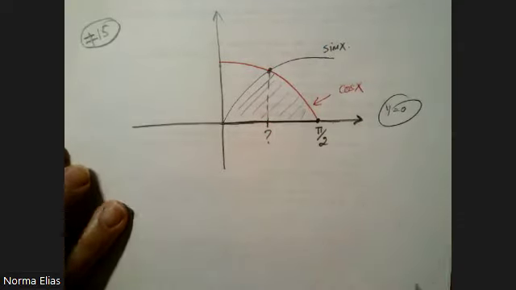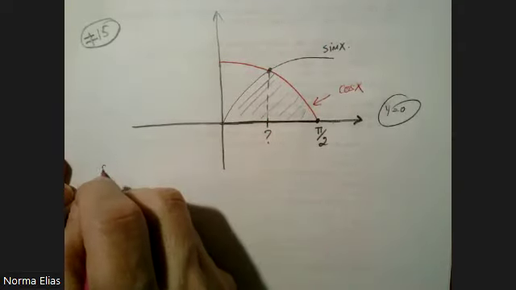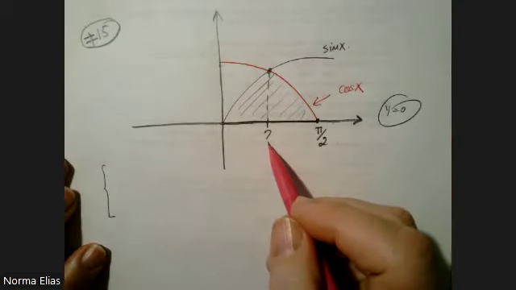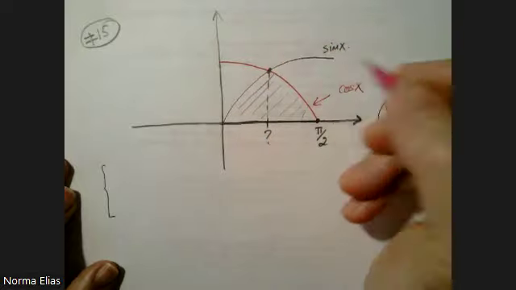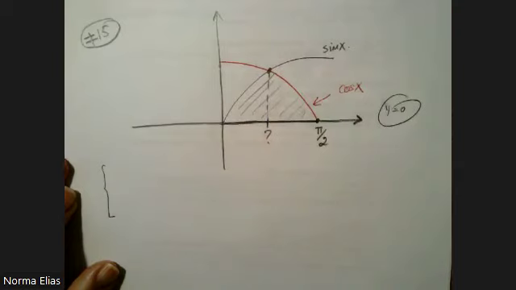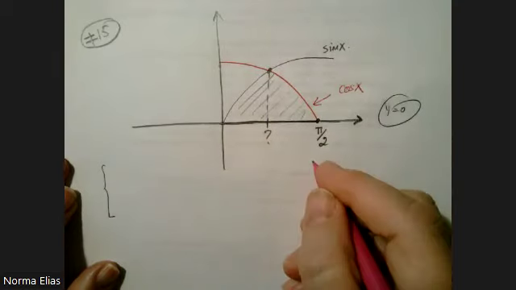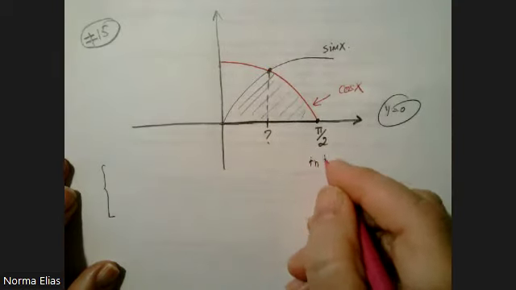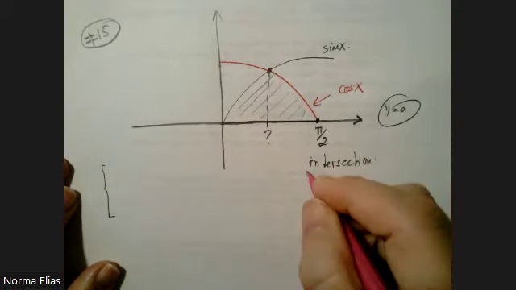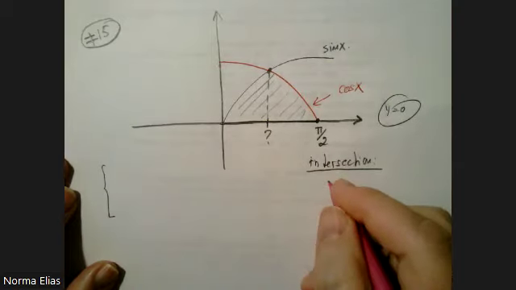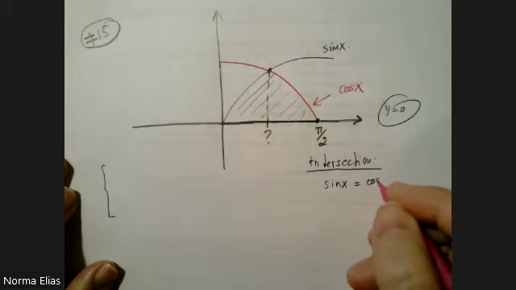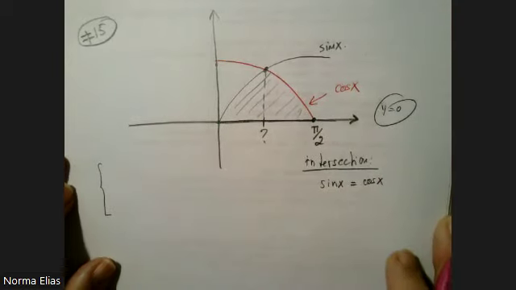That's where it's changing. So on the side, we have to analyze the problem. But before I can analyze it, I need to figure out what this point is. So I need to figure out the intersection between the two graphs because I have to know where I need to split. So I need to show the intersection point. To find the intersection, I need to set sine x equal to cosine x and solve for x.